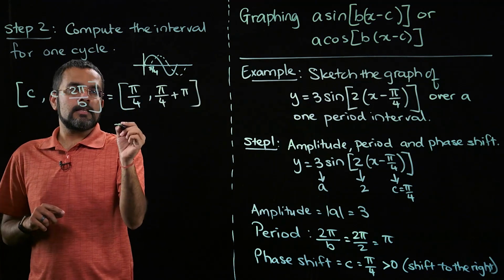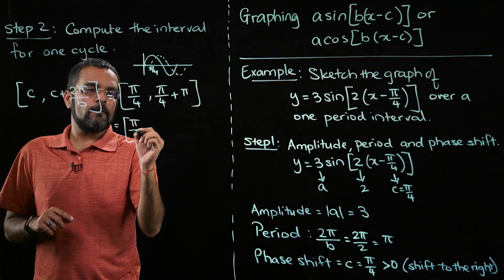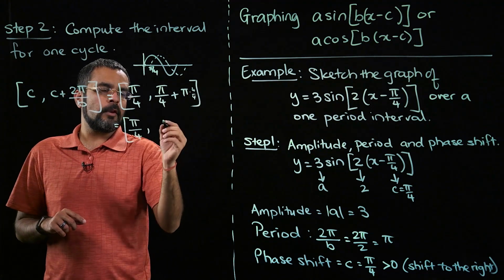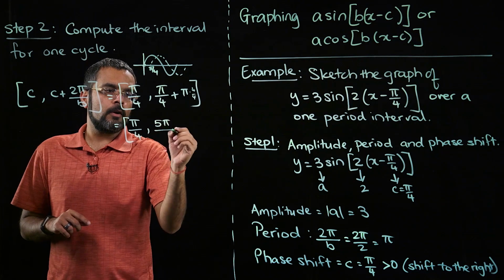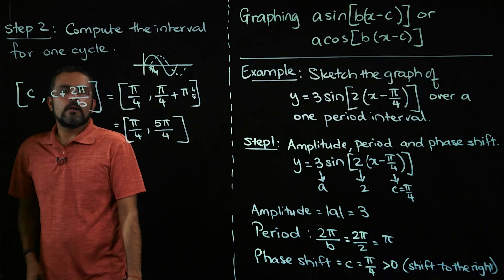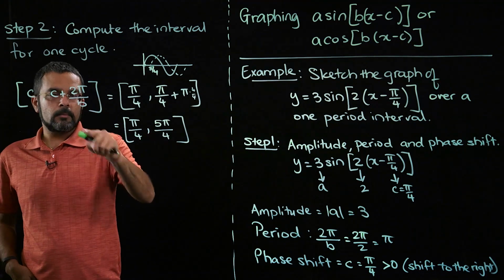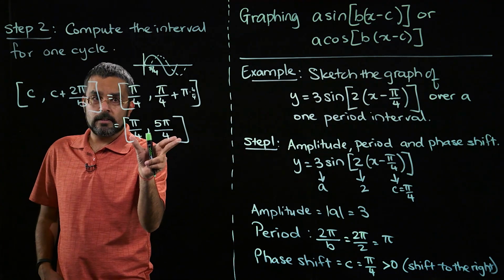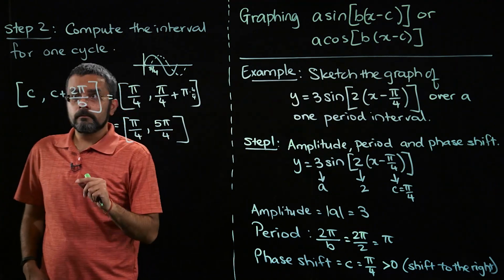If you add these up, multiplying pi by 4 over 4, I get 5 pi over 4. So this is where I will get my one complete cycle for my sine function.